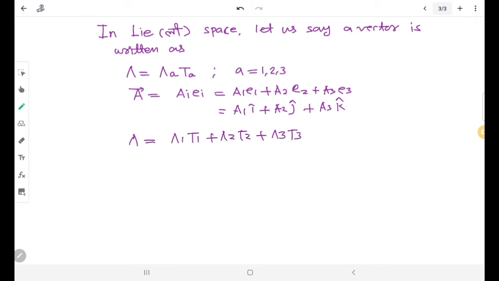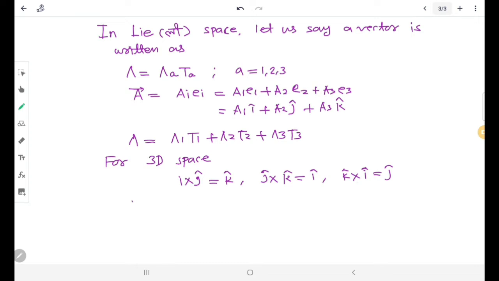Okay, so what is the connection between the basis vectors? For 3D space we know that we have a connection between the vectors, like i cross j, how much is it? k. Similarly j cross k is equal to i, and k cross i is equal to j.